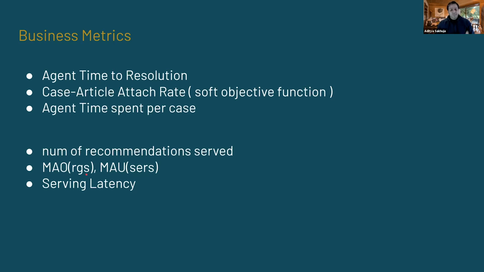Every organization has a lot of users, such as agents, administrators and other profile users, so we also want to track how many of those are actually using the system. Typically we care about the agents, as those are the central users. And then the serving latency, we want to keep that low because that's key to user satisfaction and helping the time to resolution as well.